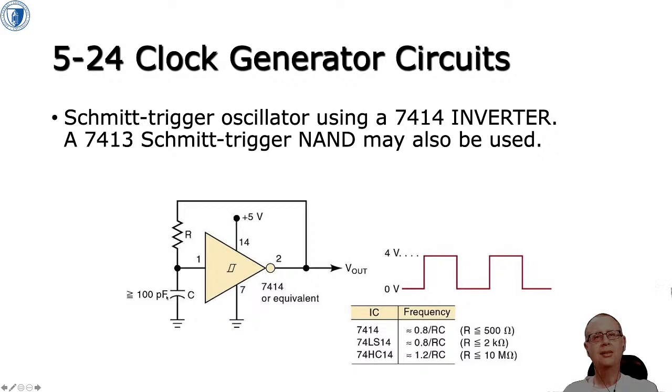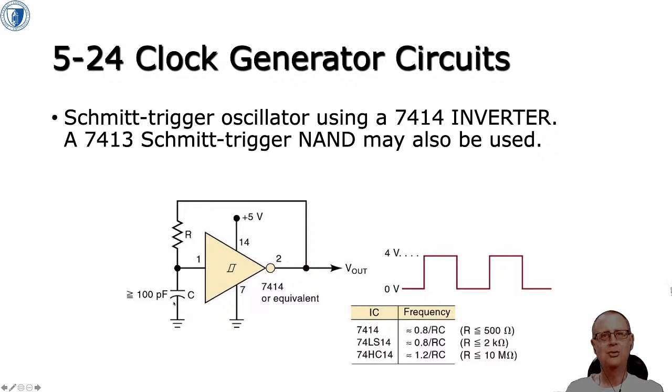Once this capacitor has charged, then it's effectively an open circuit between ground. That means there's no current flowing through R, so the voltage here has to equal the voltage here. Once the voltage here is a 1, that means the voltage on the output of the inverter has to go back to a 0.